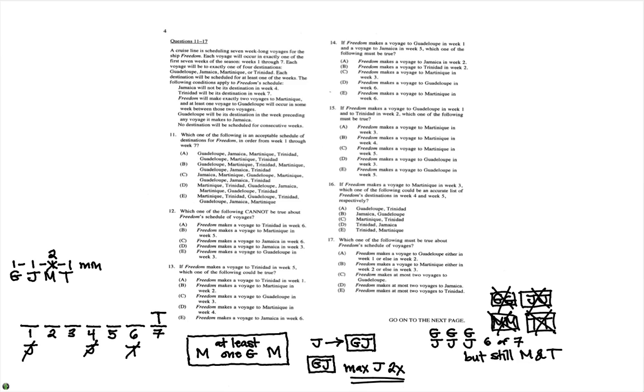In A, we do not have Jamaica in week 4. In B, we do not have Jamaica in week 4. C is okay. D, you notice, however, we have Jamaica in week 4. So D would be eliminated, again, directly violating the first rule.